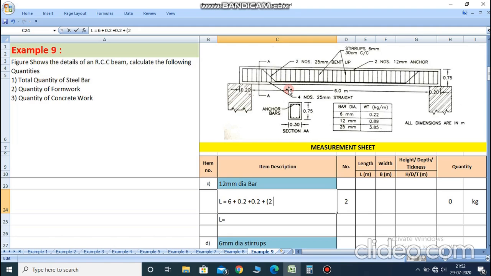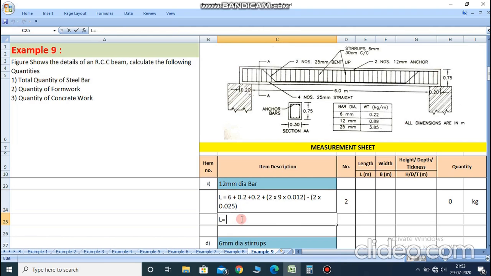Why do we multiply by 2 times? Because on both sides hook is provided. So 2 times 9 into diameter of the bar. Diameter of the bar here is given 12 mm dia anchor bar, so 12 mm is converted to 0.012 meter, minus. On both sides 2.5 centimeter cover is provided, 2.5 centimeter for left side and 2.5 centimeter right side. So 2 times 0.025, it's the cover thickness, 2.5 centimeter converted to meter.